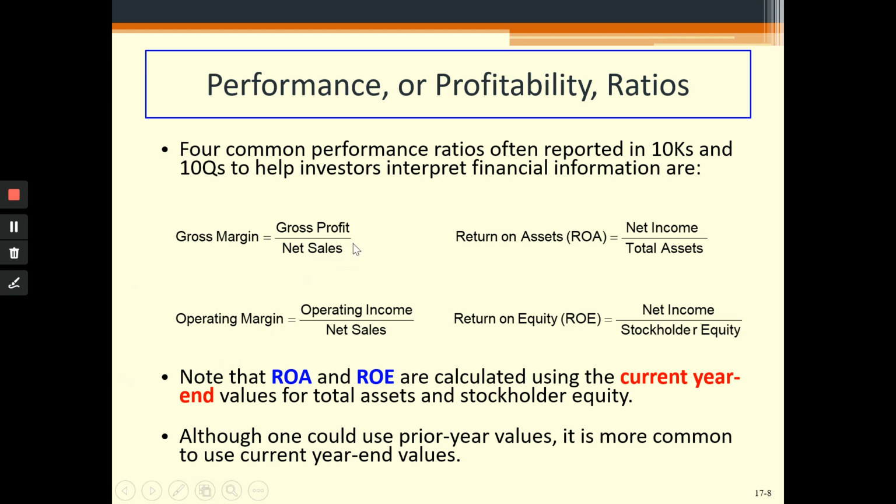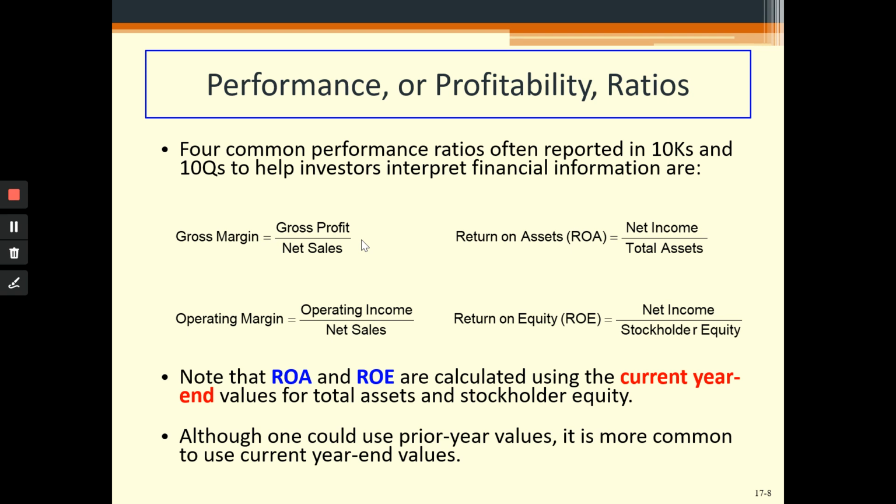If this is in terms of percentage, let's suppose it is showing 20%, it means that from every dollar the company is paying 80 cents in the form of cost of goods sold, and the rest 20 cents is actually going towards the gross profit.